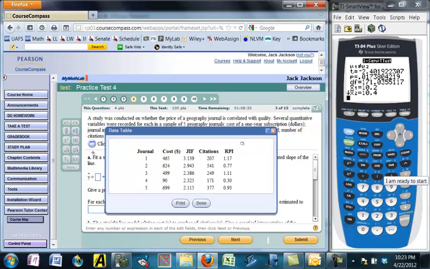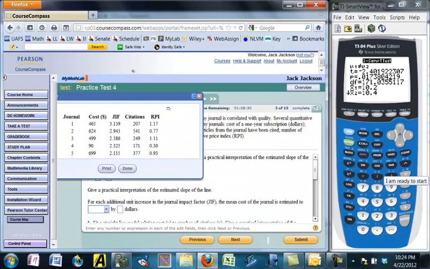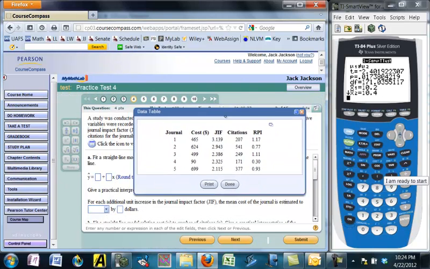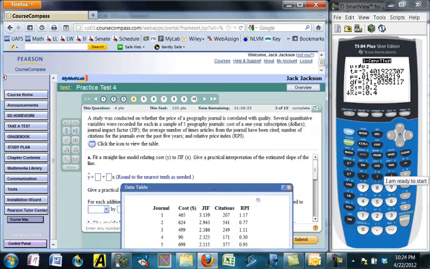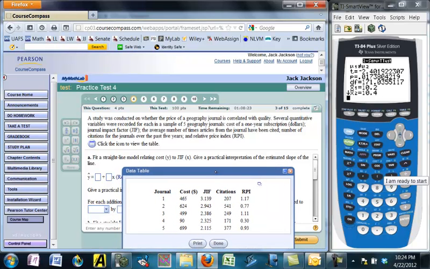So we have some data there that we may want to get back to in a minute. Fit a straight line model, so this is a linear regression, of cost Y to GIF X. GIF was journal impact factor, whatever that is. So that's going to be our X's. This column right here, GIFs are X's, and the Y's are the costs. So X is here, Y is here.